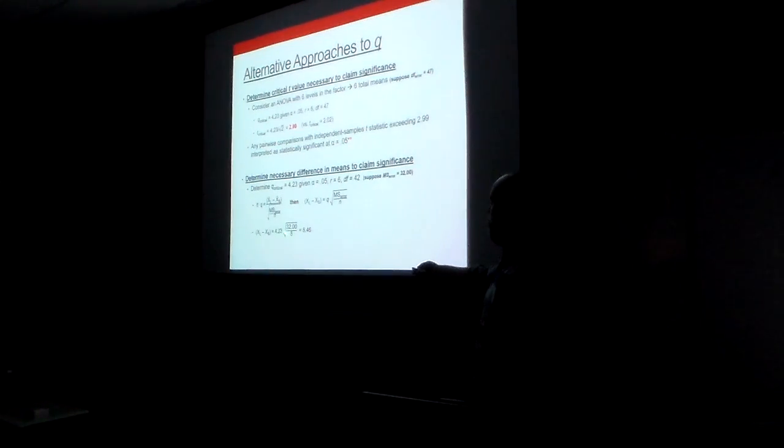Well, if I take my Q, multiply this by the square root of the mean squared error over my cell size, gives me a value of 8.46. Then I can just look at the difference in means. If the difference in means exceeds 8.46, then it's statistically significant at p less than 0.05 based on my Tukey conversion.